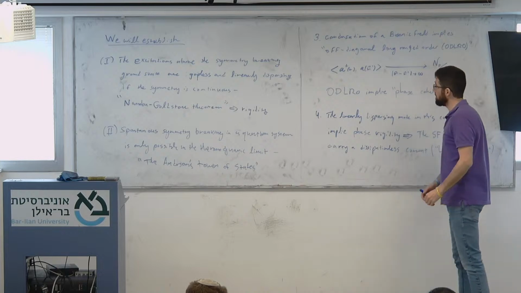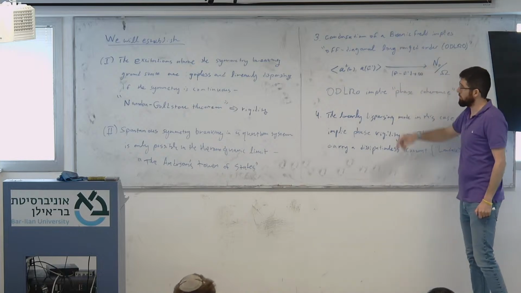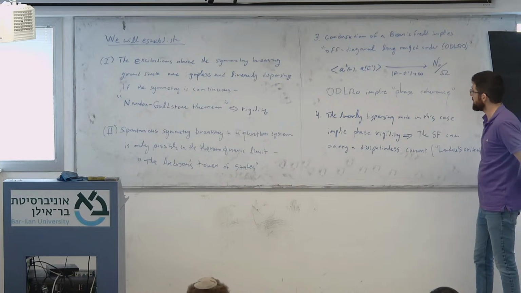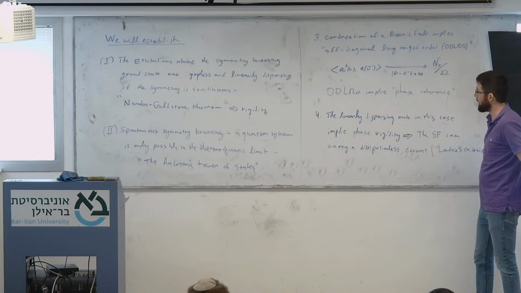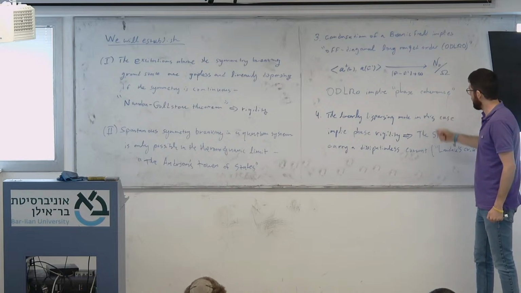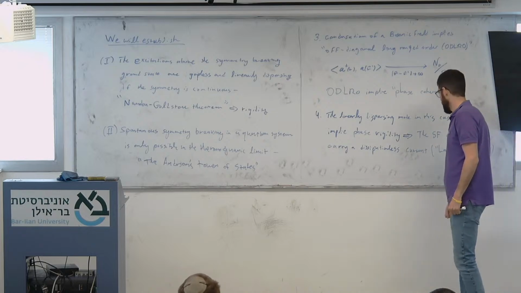Specifically, if the symmetry breaking is of the superfluid type, where a Bose liquid condenses, that also implies off-diagonal long-range order, which actually means that this rigidity is phase rigidity, phase coherence.